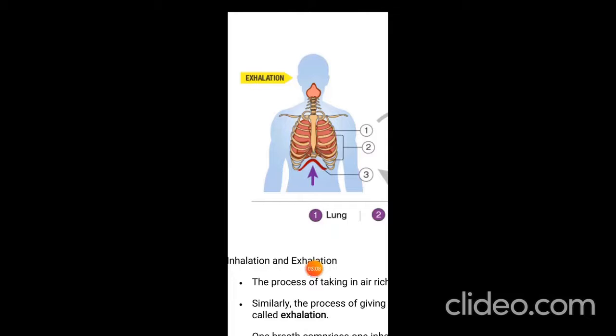That problem is because when we go higher and higher, the amount of oxygen becomes less. The amount of oxygen present there is very low compared to the oxygen present in the plain area.